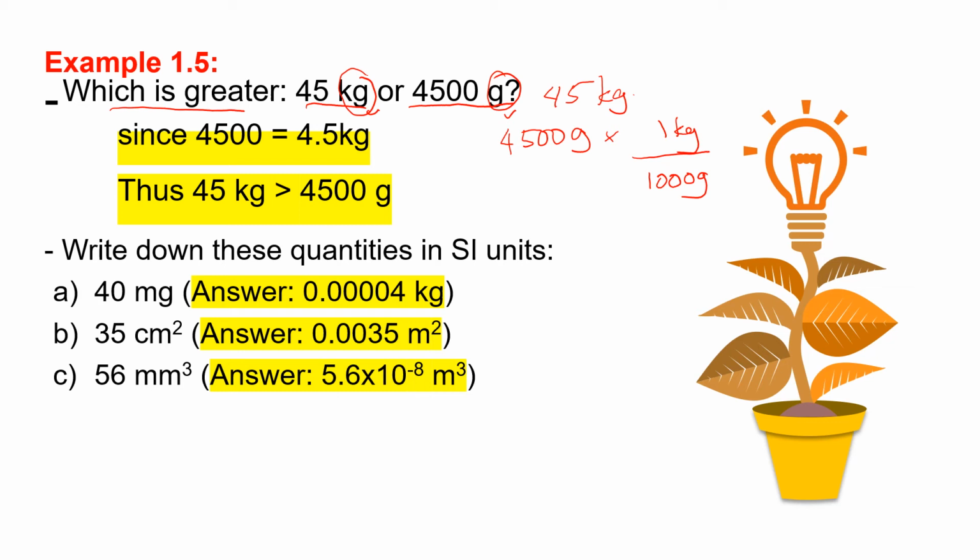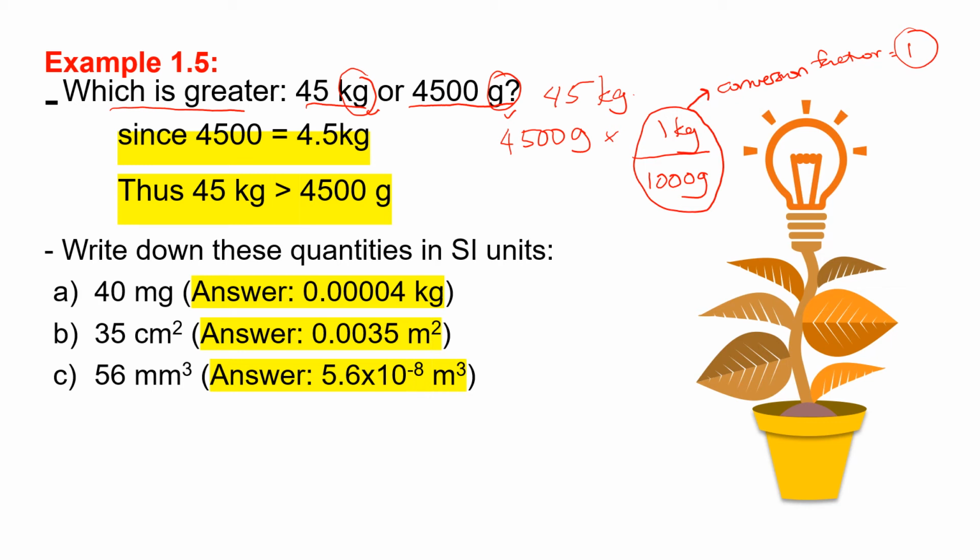Ini yang tadi kita kenal sebagai conversion factor. Bila conversion factor ini sama dengan unity, sama dengan 1, kalau awak cancel out seperti tadi, dia akan dapat sama dengan 1. So ini boleh dijadikan sebagai conversion unit.